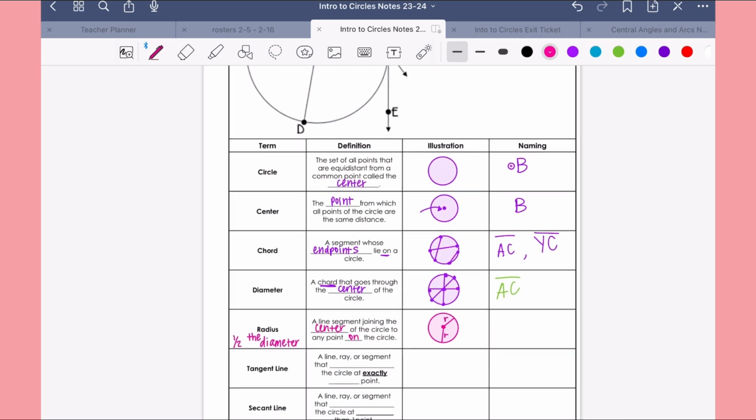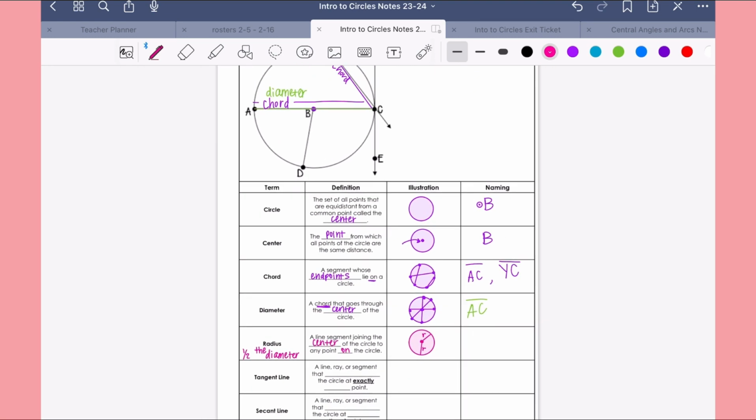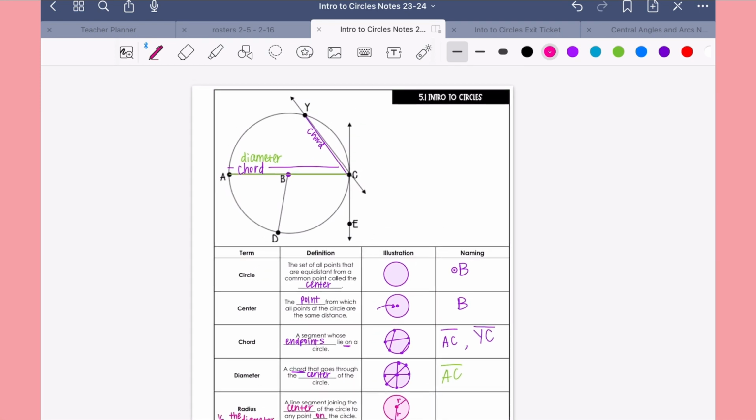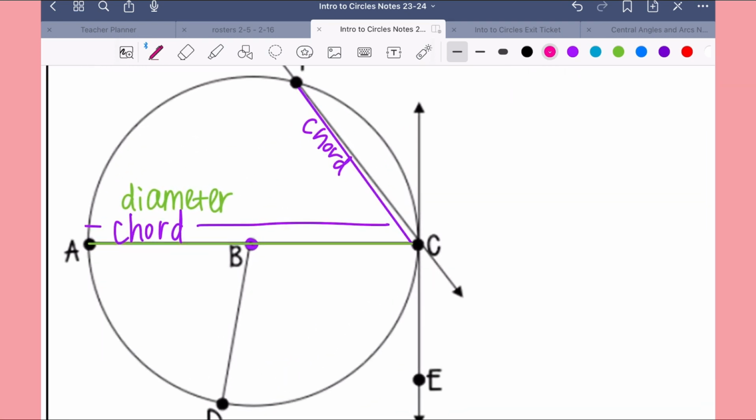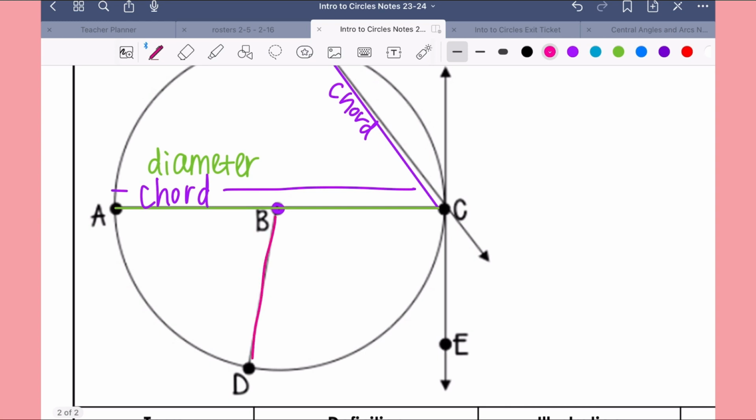All right, so who is my radius on here? There might be more than one, but the one that's most obvious that you should be able to identify is BD. That's a radius. Okay, who else? I can go this way with BD and have BC. That's a radius.